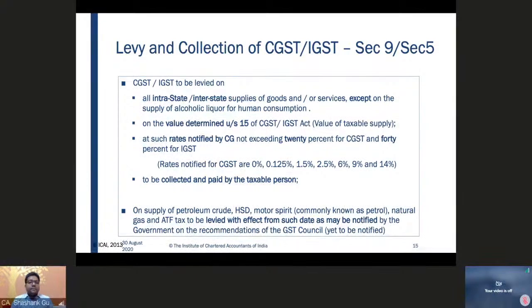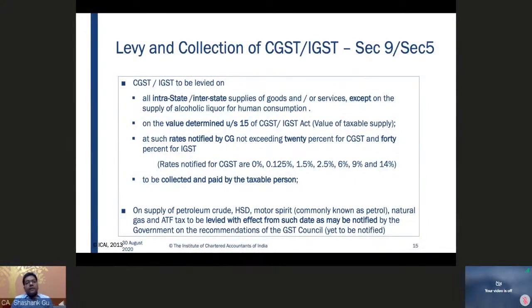It says CGST/IGST to be levied on all interstate supplies of goods and or services except on the alcoholic supply for human consumption. This we had already discussed, that alcoholic liquor for human consumption has been constitutionally kept out of the purview of GST, right?